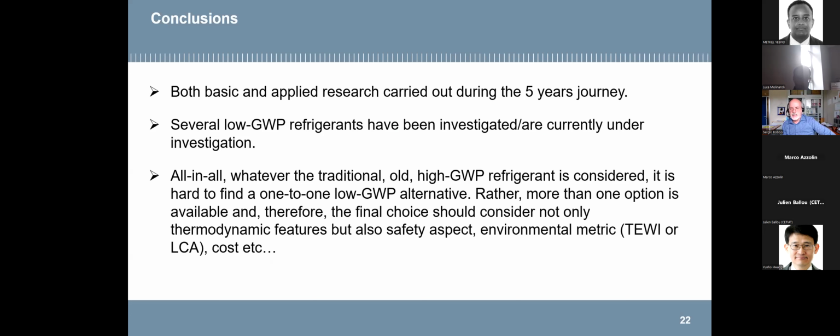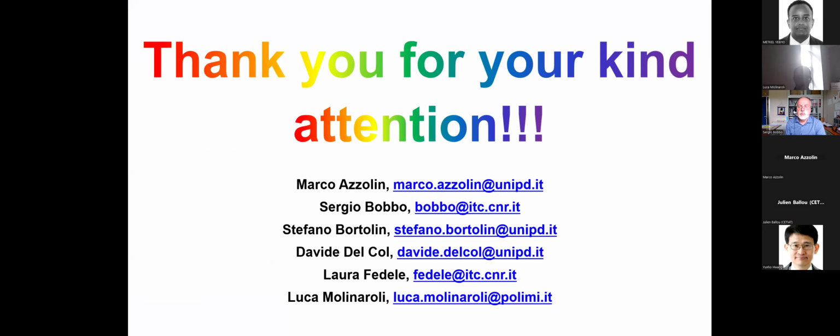It is necessary to identify a proper alternative for each application of heat pump, considering not only the thermodynamic features, but also safety and environmental aspects of the single refrigerants. Thank you. I have concluded.